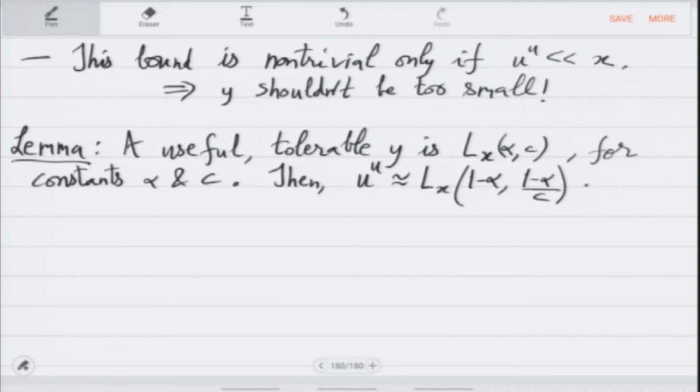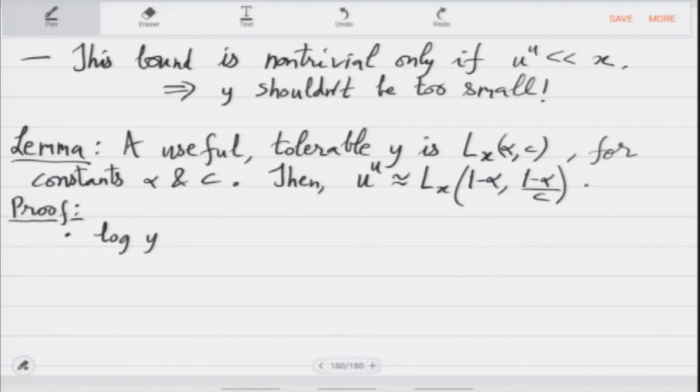Okay, let us look at the calculation, because this is an important way to understand the reason why this strange function appears. So what is log y?